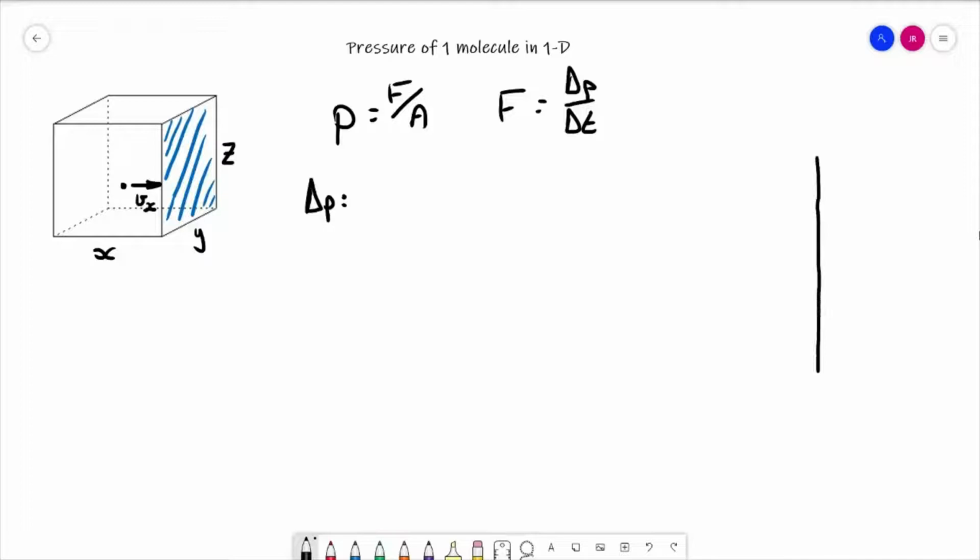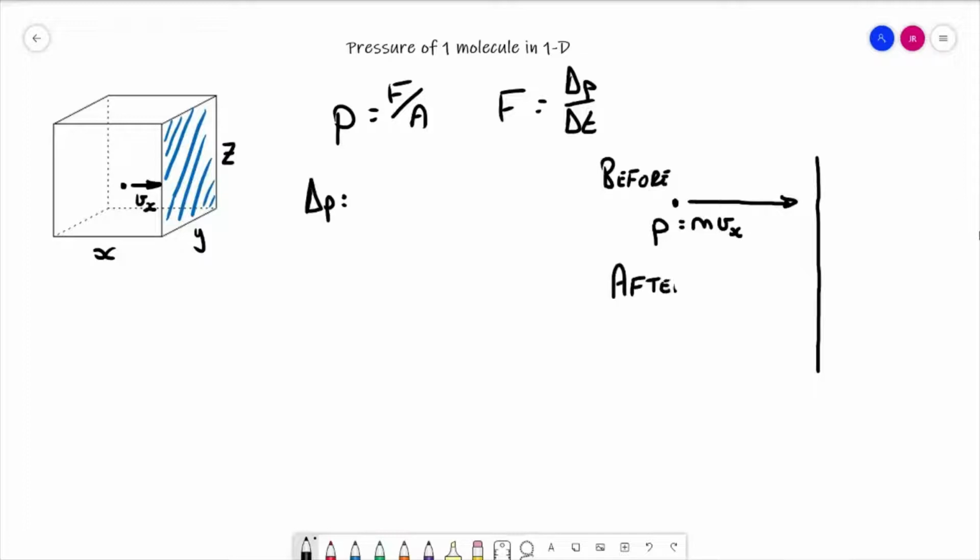So here's the wall then, here's our molecule, and our initial idea, our before collision, is that this molecule is moving the way that we've drawn it to the right. Now the momentum at that point is going to be the mass of the molecule, which we'll call m, multiplied by the velocity Vx.